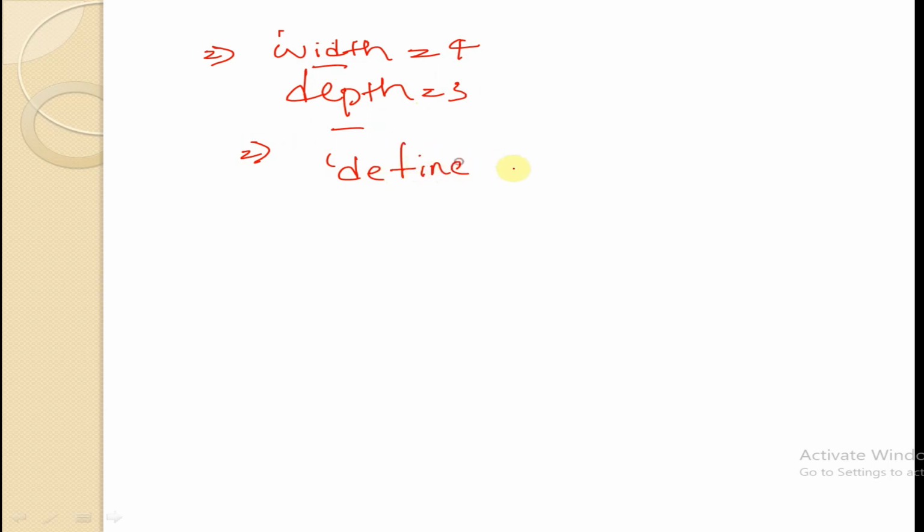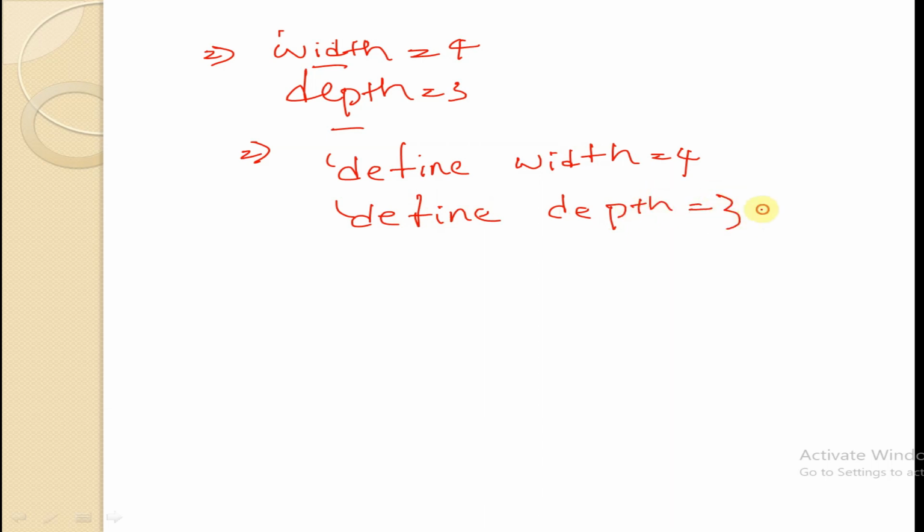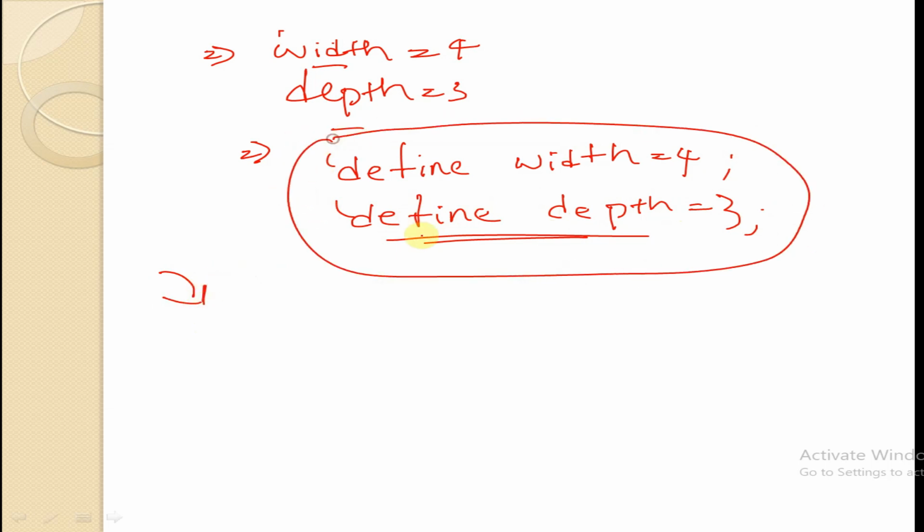Tick define width is equal to 4 and tick define depth is equal to 3. So this is done outside a module, whereas parameter is used inside a module, whereas these compiler directives tick define are used outside the module.